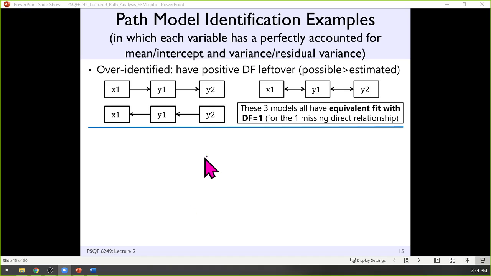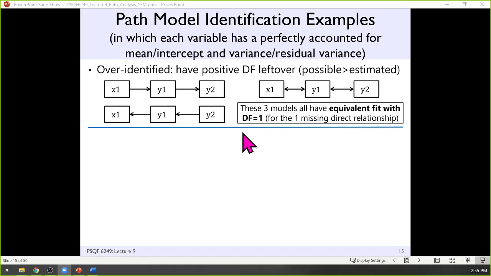So here are some pictures using just observed variables. Each of these pictures is going to fit equivalently. Despite the fact that the arrows go different ways, whether I have X as a predictor of Y1 as a predictor of Y2, or whether I just have these three variables be correlated, or I have Y as a predictor of X, the model doesn't care. These will fit equivalently.